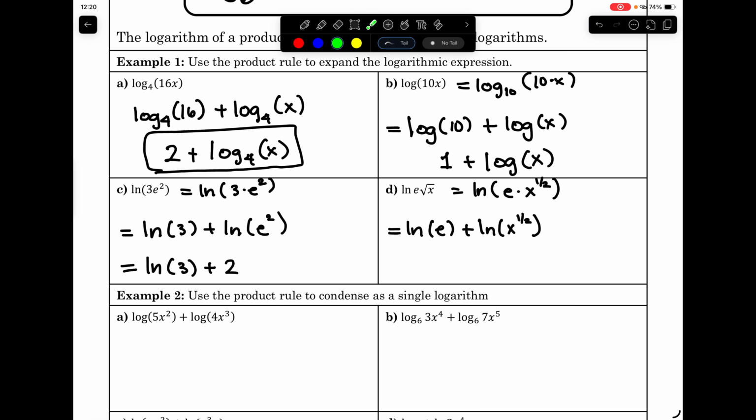And again, as before, the natural log of e simplifies to 1. So 1 plus the natural log of x to 1/2. So we can think about this function here as simply this function shifted 1 unit high. Those two things are going to give me the same graph.